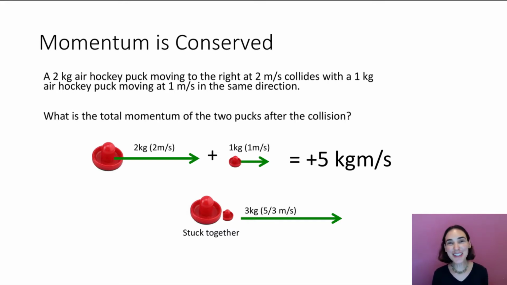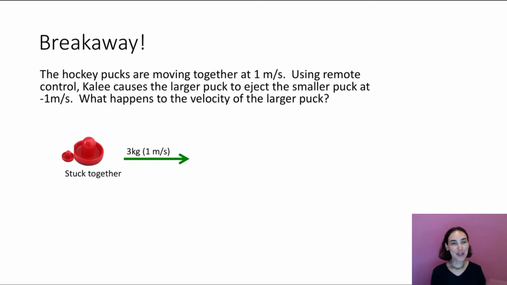And we can calculate it for a breakaway. So what if our ensemble is moving together at 1 meter per second and I eject the smaller one to the left, because left is our negative direction, at 1 meter per second. So then what happens to the bigger puck? Well, I still know that if my total momentum before the collision is 3 kilogram meters per second, as it is, given the circumstances of this problem, then it still has to be that afterwards.